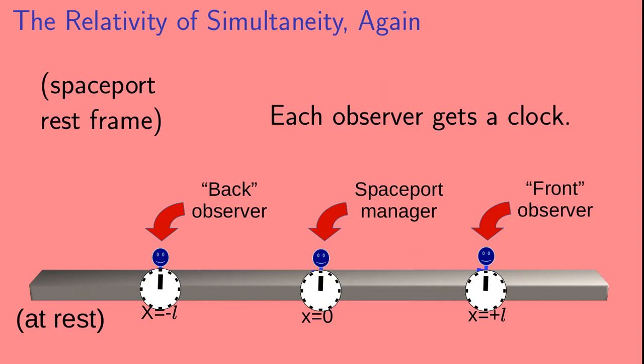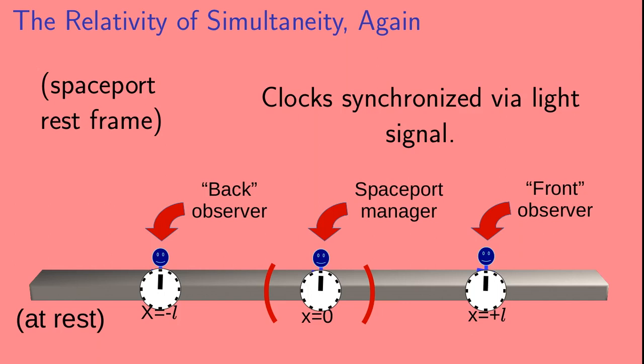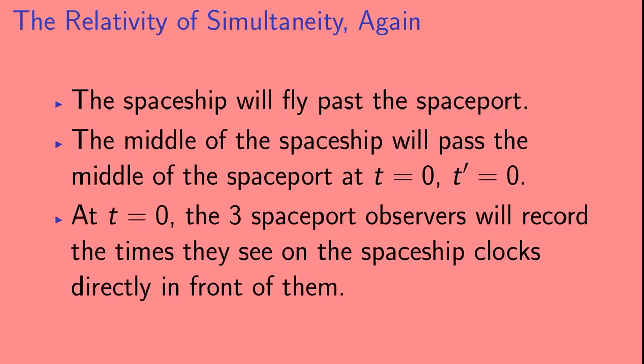Now, each spaceport observer also gets a clock. These are synchronized in the spaceport frame via a light signal. Now, the spaceship will fly past the spaceport.